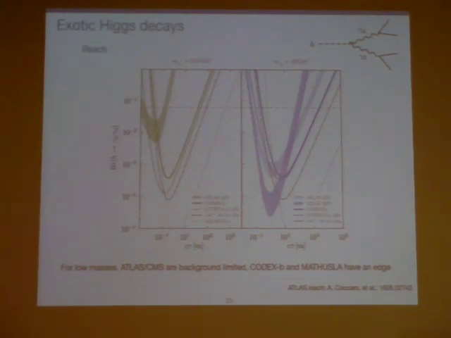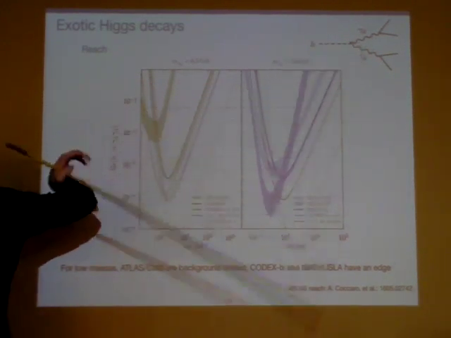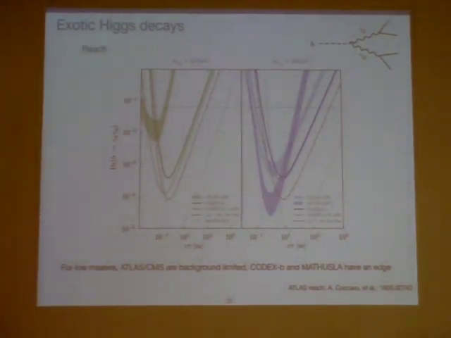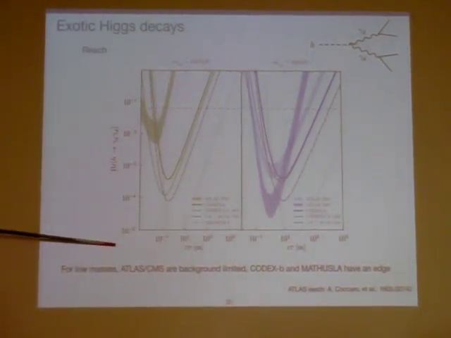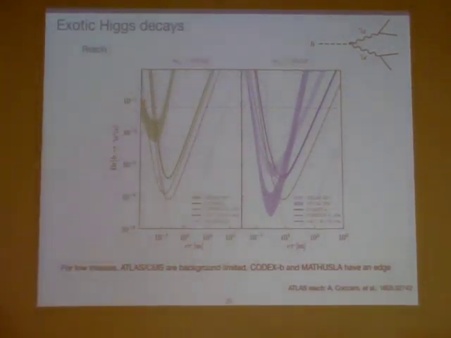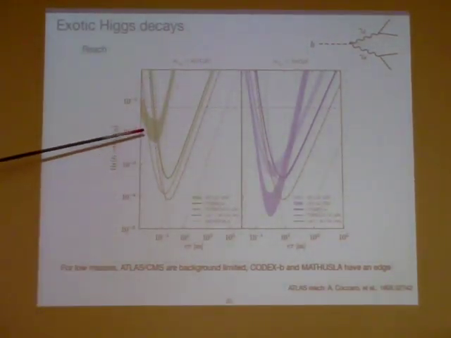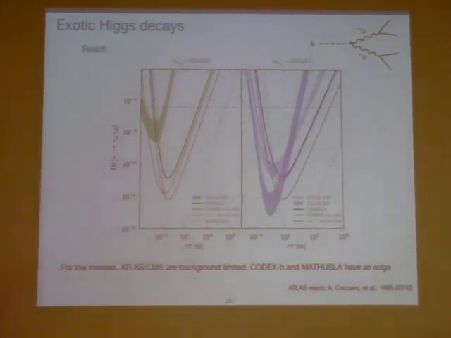This is the reach for one of these exotic Higgs decays. I have a Higgs decaying to 2 long-lived particles, which each decay to 2 other particles. Here you see the lifetime of this particle versus the branching ratio of the Higgs for half a GeV and 10 GeV. The shaded bands are projections of what the sensitivity of something like ATLAS and CMS would be.